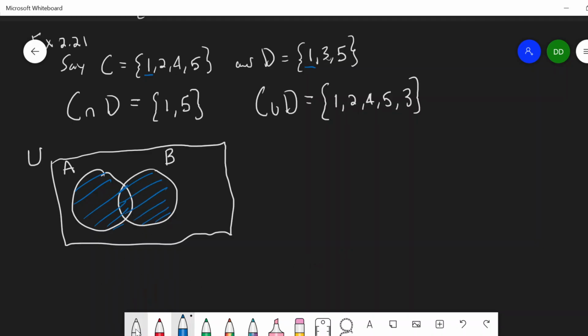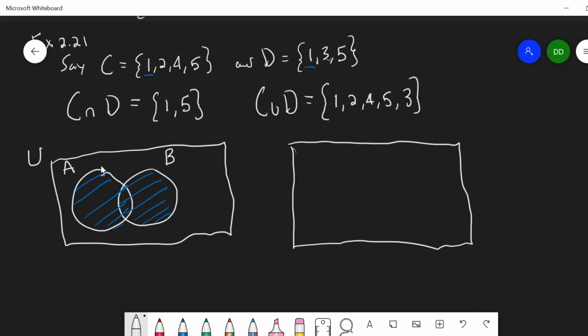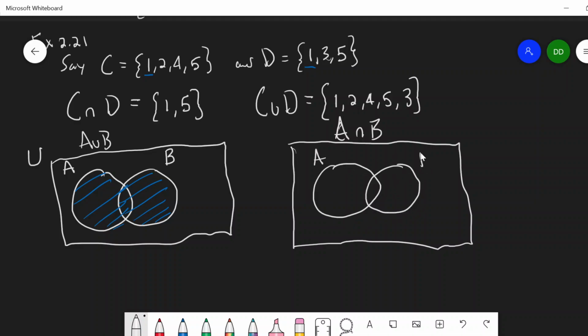Their union A union B is all of the elements in both of those sets, like that. For their intersection, A intersect B has to be in both A and B. So here's A, here's B, it has to be in A, and it has to be in B, and so we're looking right here at the intersection of A and B. Okay, so that's the idea for those.